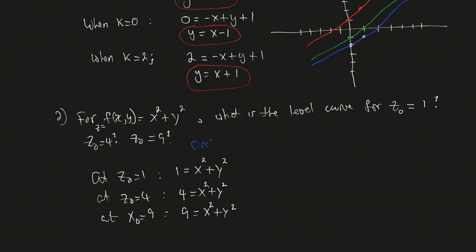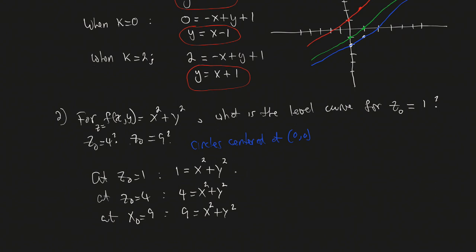So these level curves are circles centered at the origin, looking at our standard equation. And remember, the square root of the number on this side of the equation is going to give you your radius, right? So these are all centered at the origin.